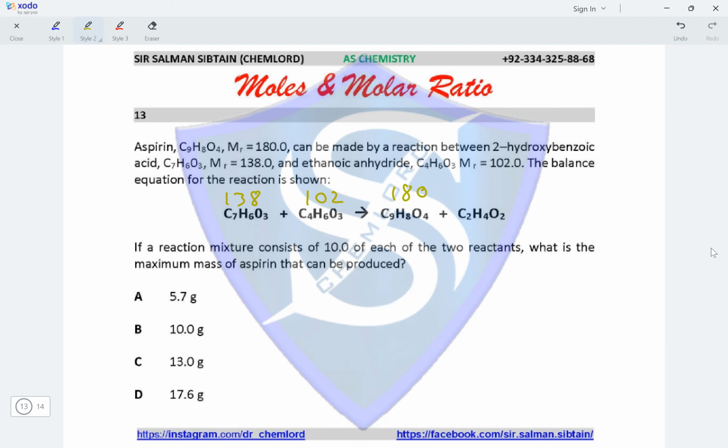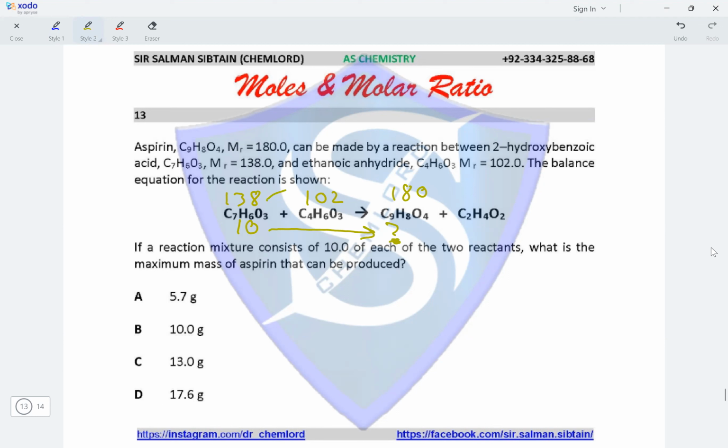If 10 grams of the first reactant is completely used up, the mass used of the second reactant would be less than 10, which we don't know right now. So we are not going to consider the second reactant; we are going to consider the first reactant because it will be completely used up. And we need to find out how much aspirin this produces.